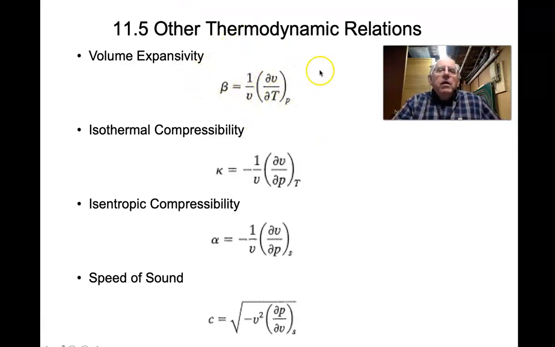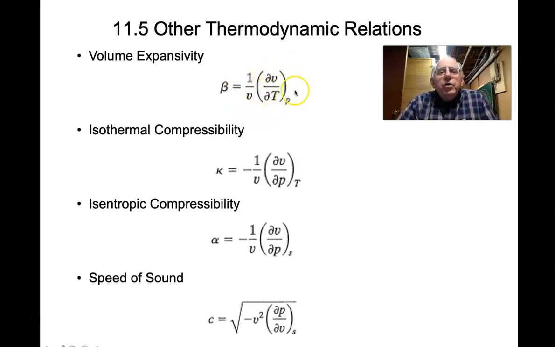Now, this parameter is actually not really the change in volume, but another volume is added here, 1 over V. What this does is it non-dimensionalizes the volume. And so 1 over V dV is really the change in the log of V. That gets rid of the volume associated with this particular parameter.